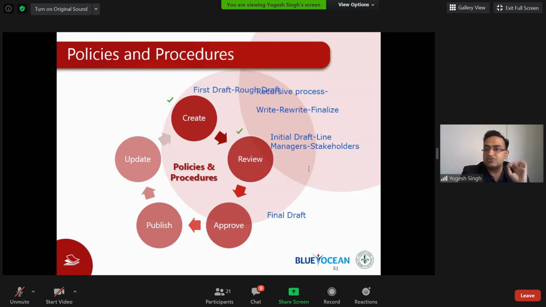It undergoes changes, and usually there are 3 steps, which is first draft, or you can call it rough draft, then the initial draft, where you have understood the policy in a better way, and then the final draft, which includes all the suggestions and improvements from various stakeholders.